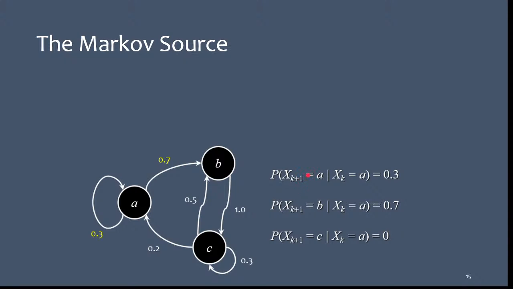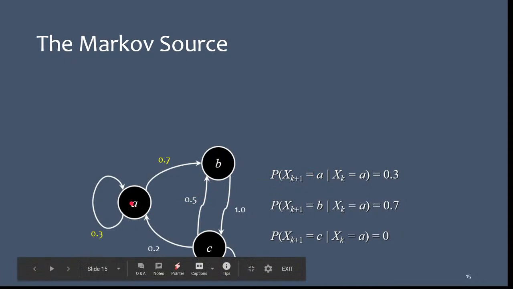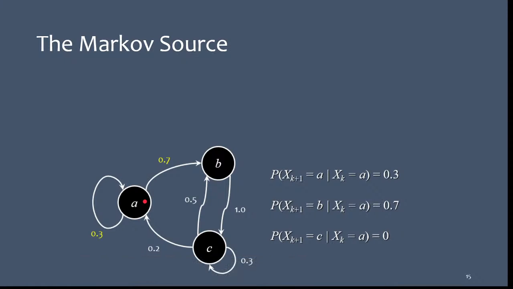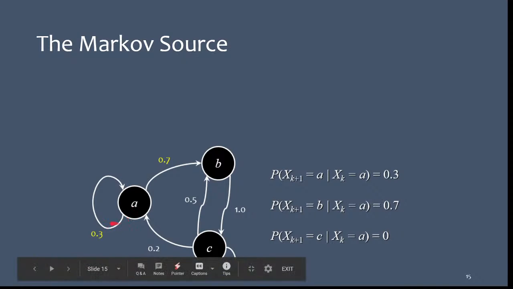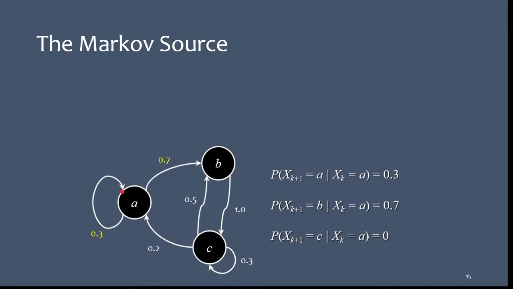What's the probability of the state? So you have to look here. Initially it was in state A. Now, in the next state, what's the probability? There is 0.3 probability that the next symbol generated is also A. That is what is written here.